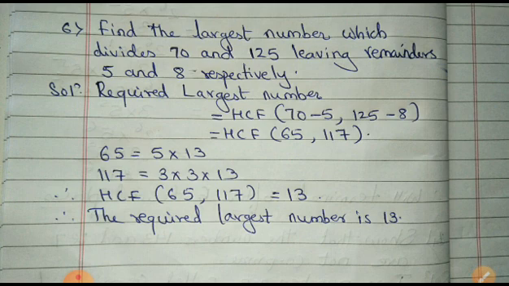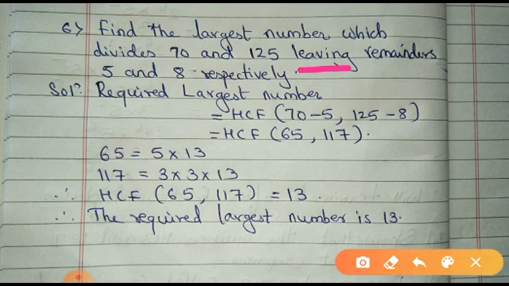Next is, find the largest number which divides 70 and 125, leaving the same remainders 5 and 8 respectively. This is a very important question. See, find the largest number which will divide 70 and 125.